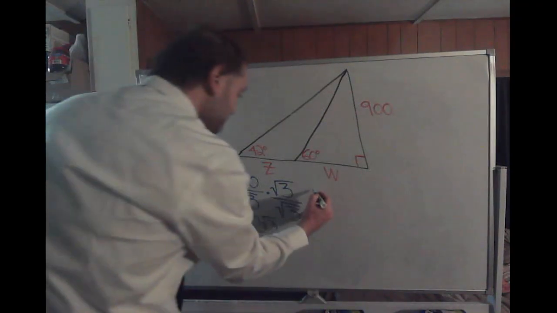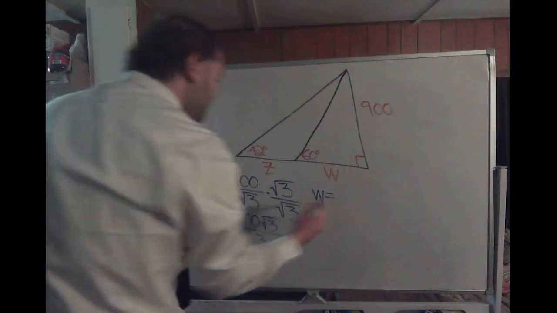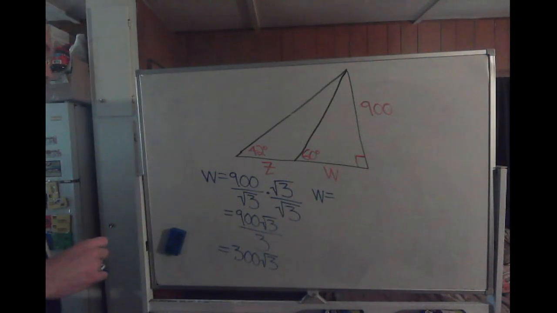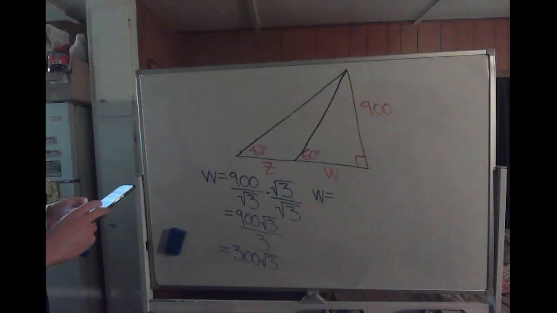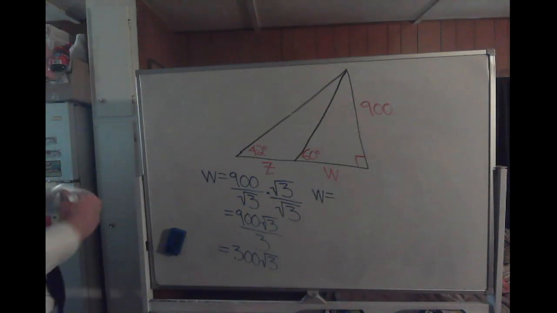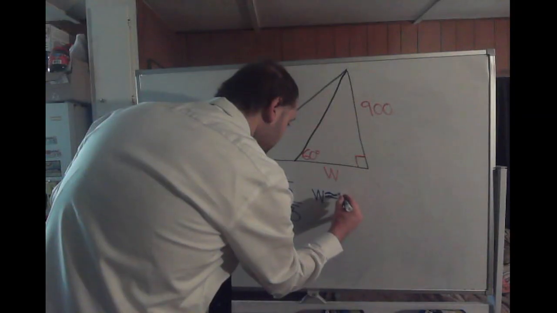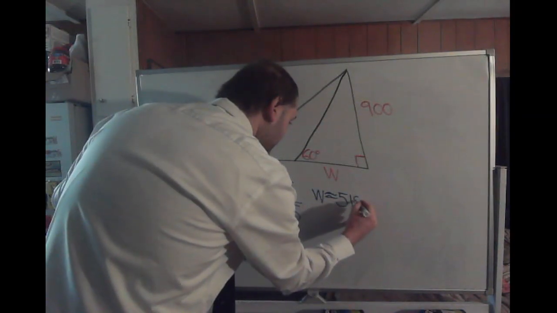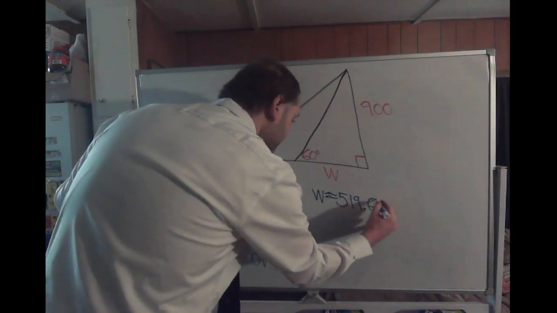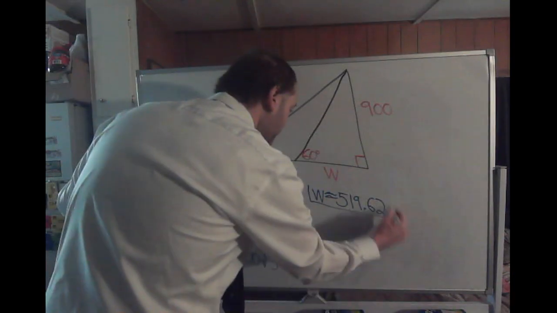But let's get a decimal approximation for W. So 300 times the square root of 3 is approximately 519.62 for W, once you do all the square roots.